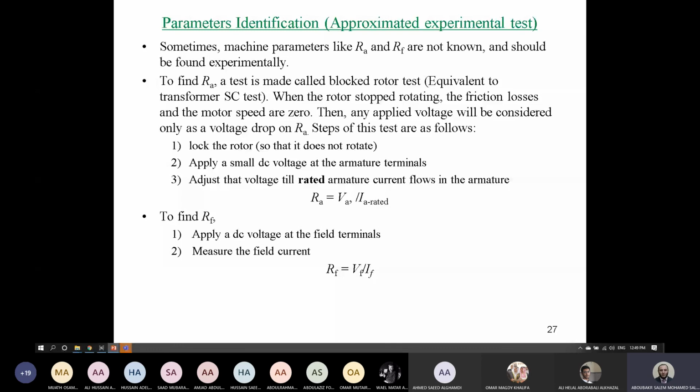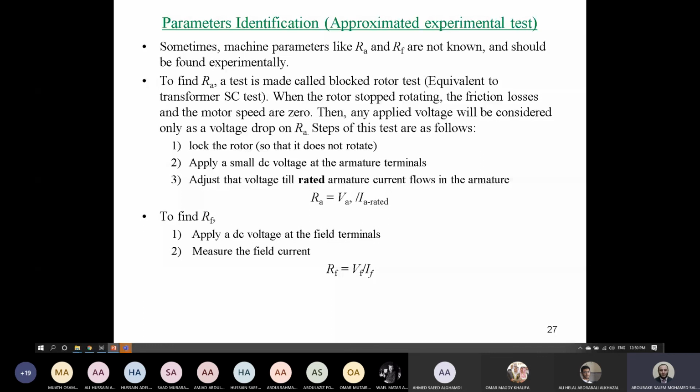One test is called the blocked rotor test, and the other test is called the no load test. It's the same as the tests made for the transformer, short circuit and open circuit.